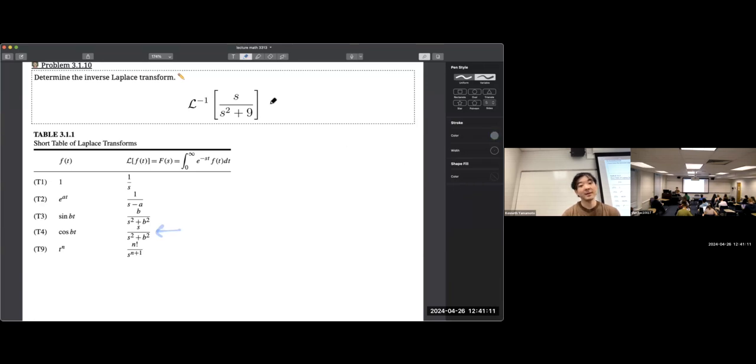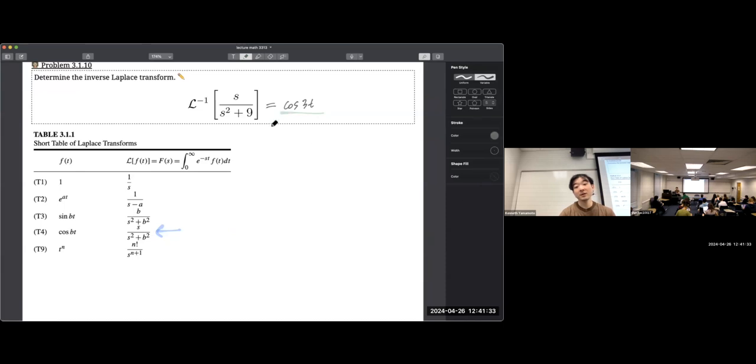This is not much of a stretch, but looking at this table, what do you think the inverse Laplace transform is? Yes, you got it, because b must have been 3 to get the 9. It could be -3.